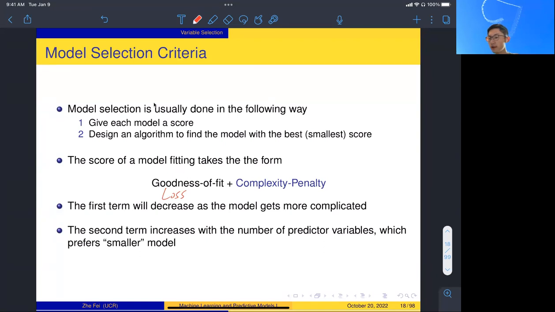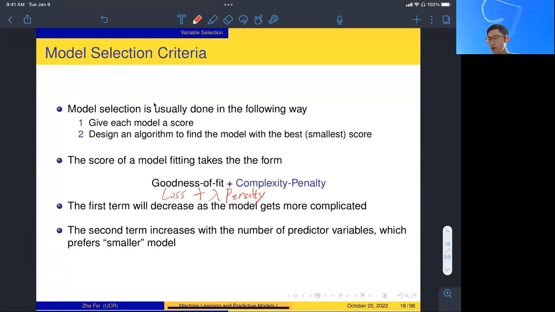This formula is essentially the same as the previous loss plus lambda times the penalty, where the penalty measures the complexity of our model.